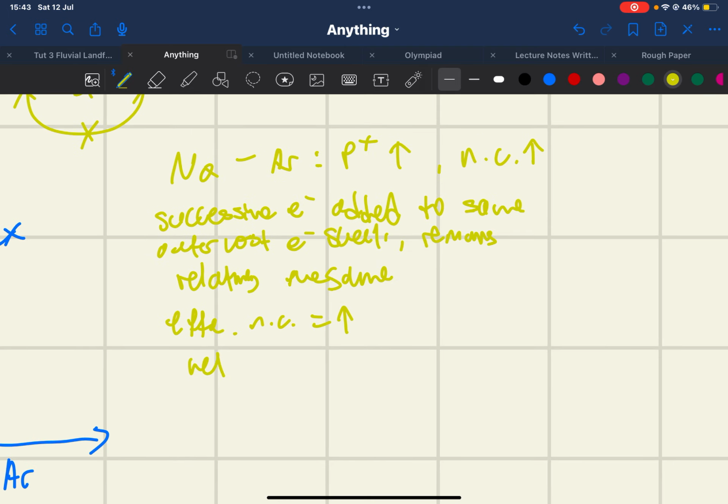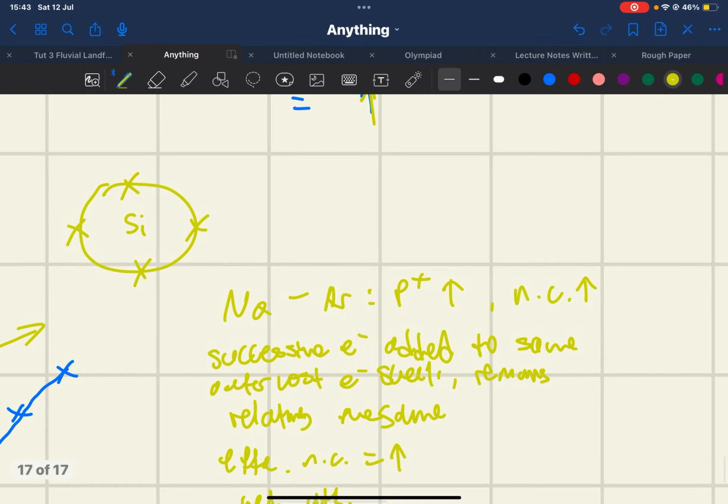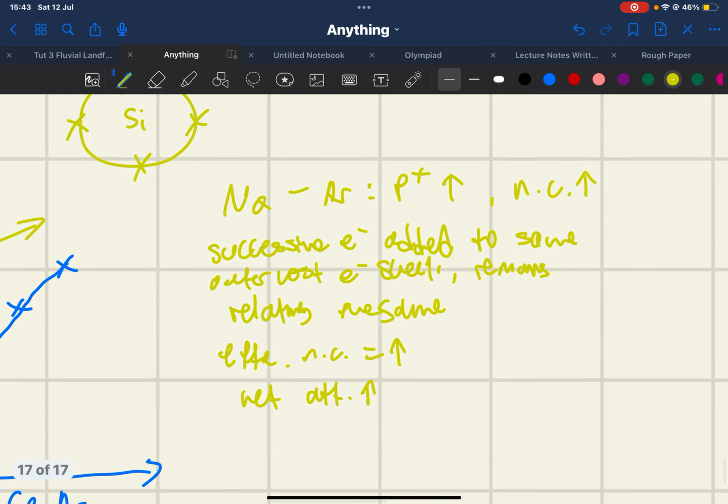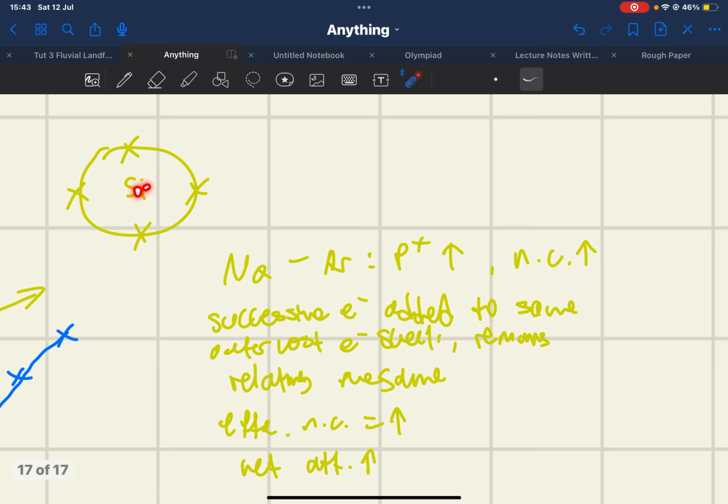So the net attraction between the nucleus and the valence electron shell actually increases. Net attraction, you're going to write in short form. You must tell me net attraction between what and what. It's between the nucleus and the valence electron shell.